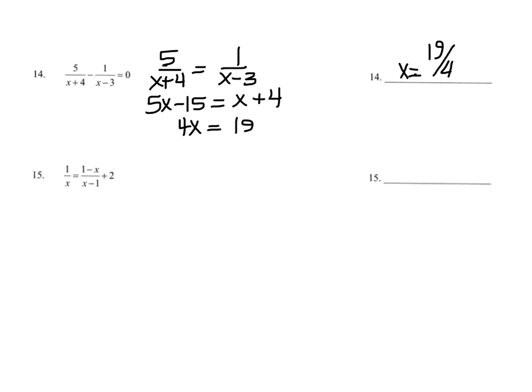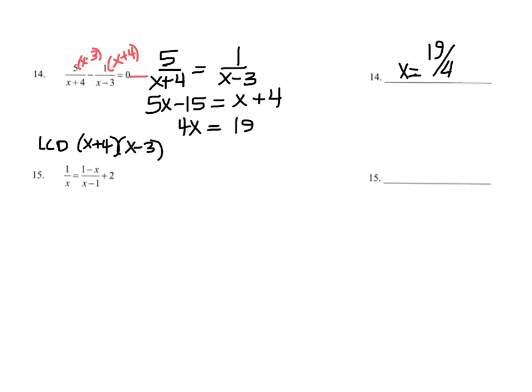Okay, now, could I have found the common denominator across? Yes, which means that the LCD would have been x plus 4, x minus 3, and I would have multiplied this numerator and denominator by x minus 3, this numerator and denominator by x plus 4, and this side by both, but 0 times anything is going to be 0.